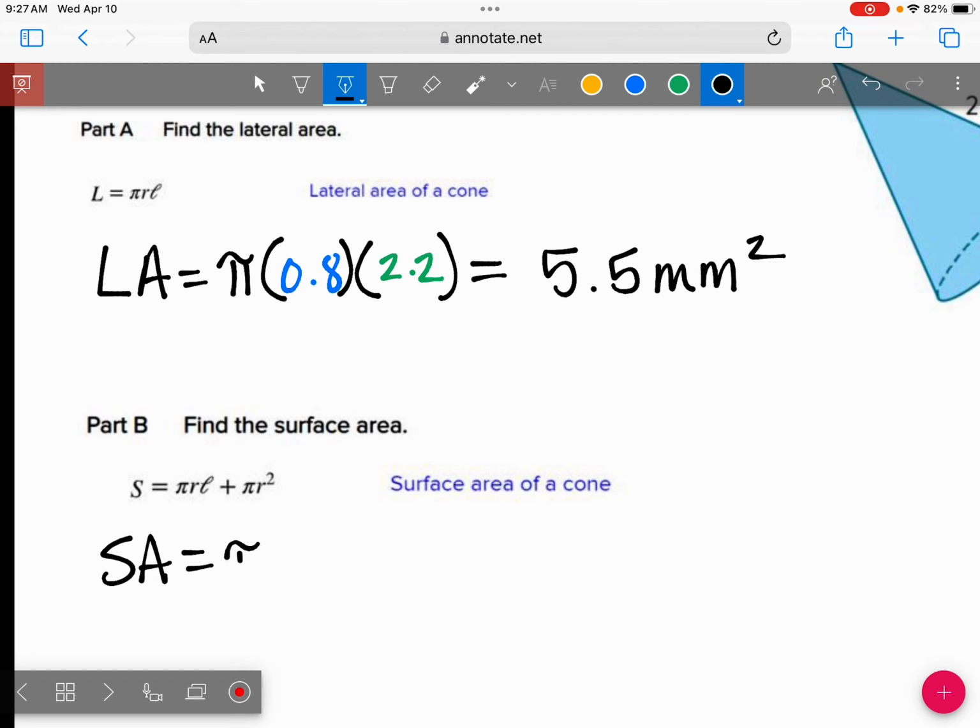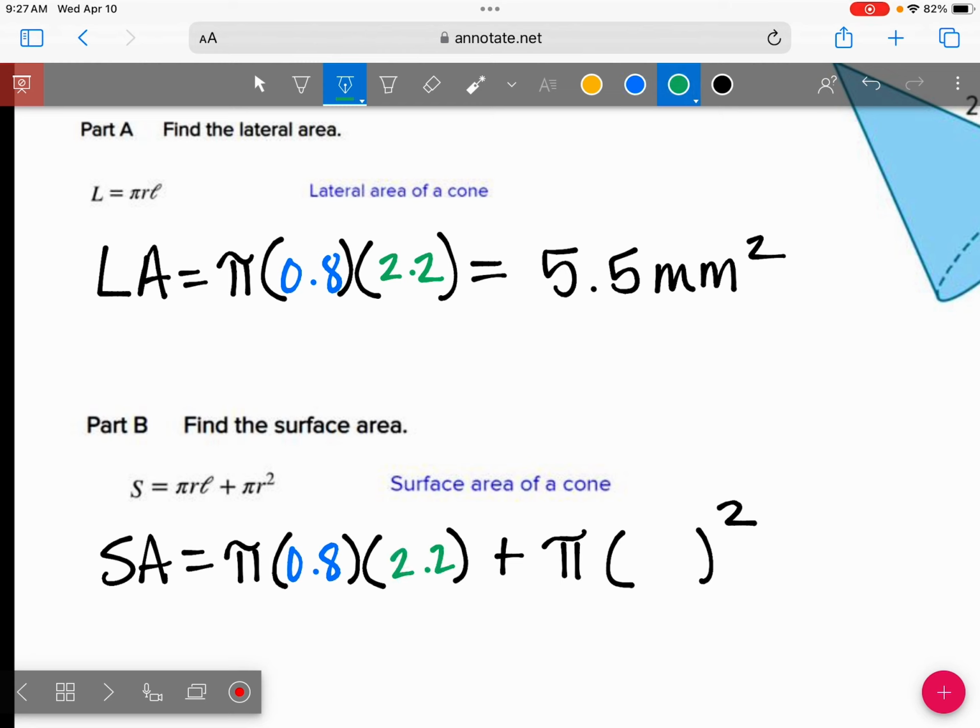Now let's do the surface area. So surface area, that's pi. Let me go ahead and just write it out. Okay, so in the first parentheses, I'm going to put the radius, which we said the radius was 0.8. The slant height is 2.2. And then again, because it's a circle, I have to include pi r squared.